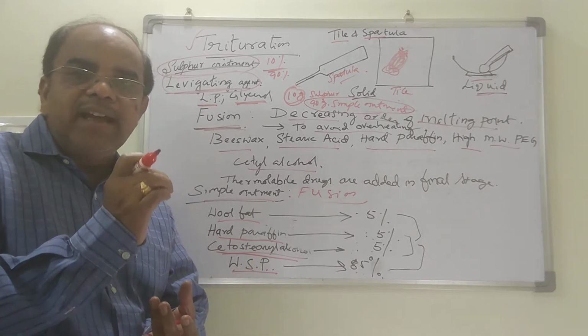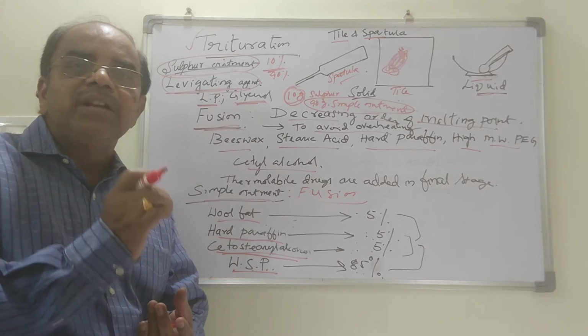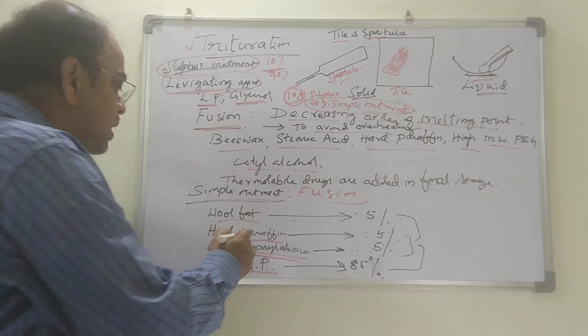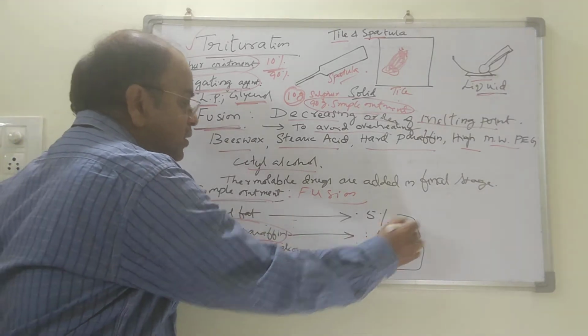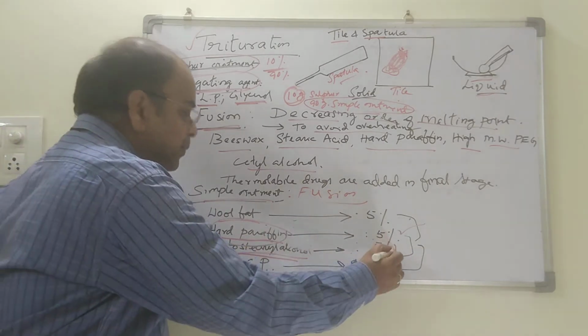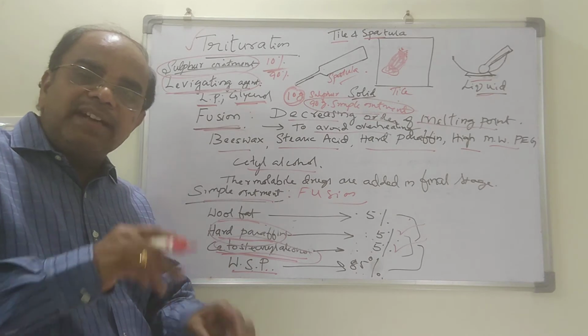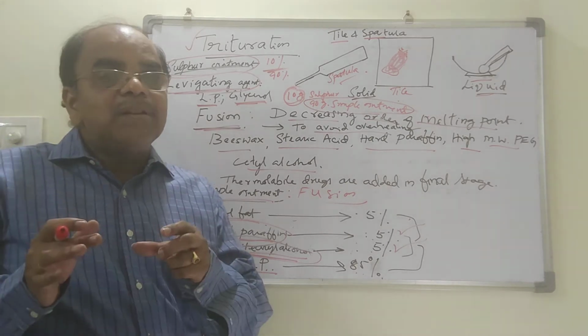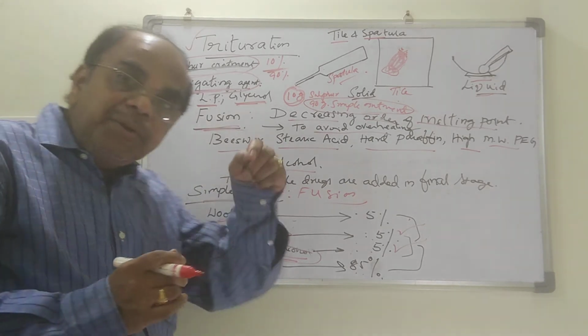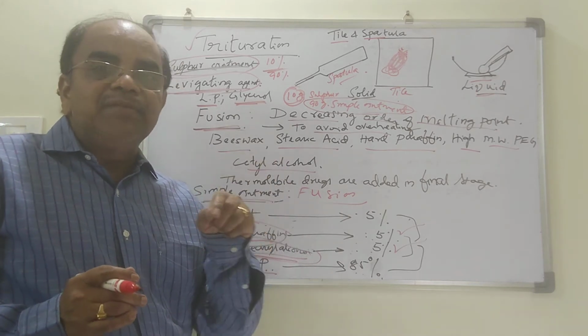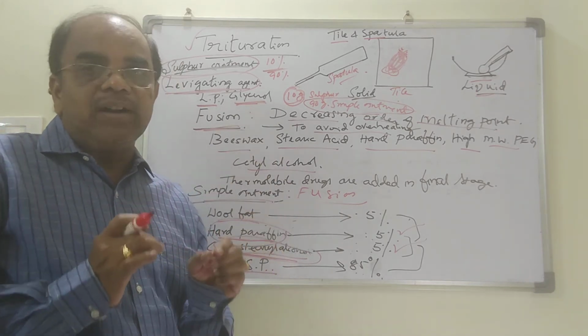Take the water bath and keep a beaker in this water bath. Arrange a temperature of around 50 to 55. You add 5 grams of hard paraffin, 5 grams of cetostearyl alcohol. Mix it thoroughly. It has melted. After melting is over, reduce the temperature of the water bath to around 40 or 42.